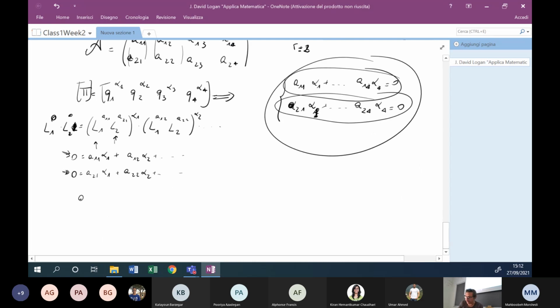So this means that I can write the column A13, A23 as a linear combination of the first two columns.